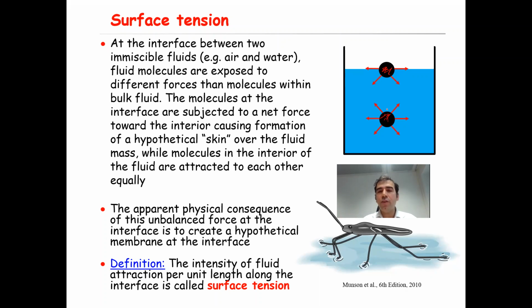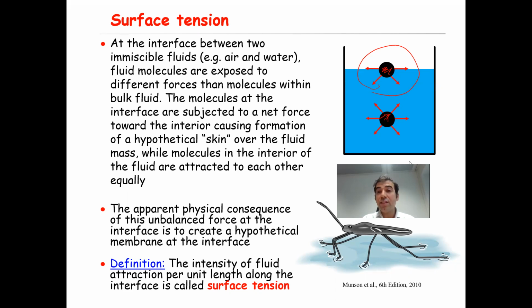The apparent physical consequence of this unbalanced force at the interface is to create a hypothetical skin or membrane at the interface between the two immiscible fluids.